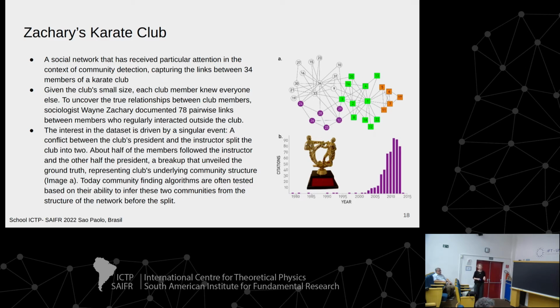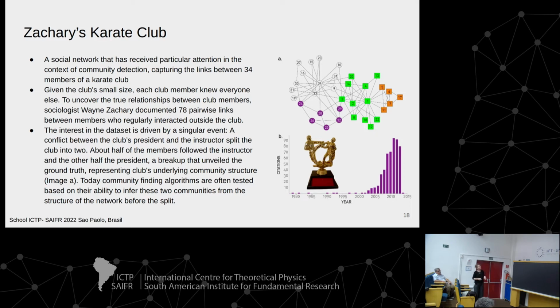The president of the club is in conflict with the instructor of the club. So the club is split in two, okay? About half of the members followed the instructor, and the other half followed the president. So again, we have two communities, okay?